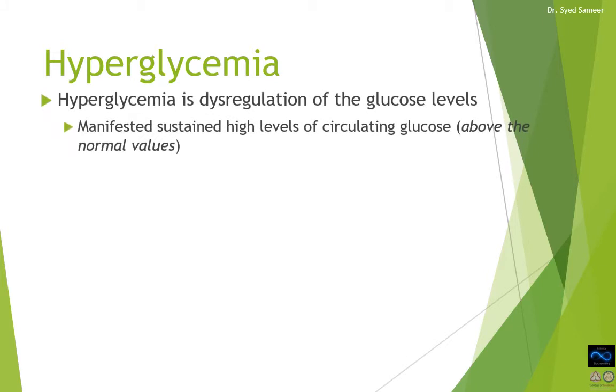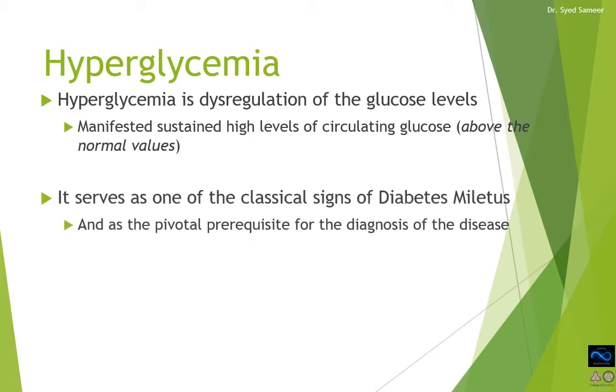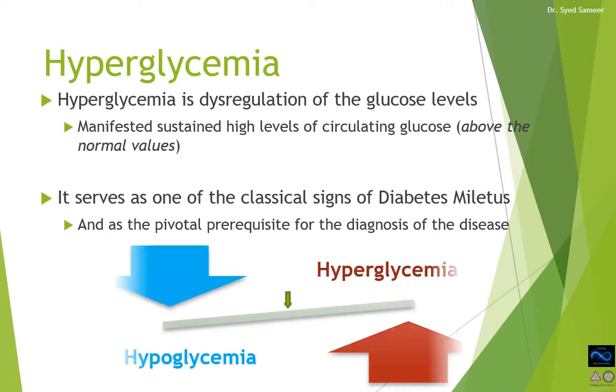Hyperglycemia is actually defined as the dysregulation of the glucose levels above the normal levels in a serum. So it is manifested as the sustained high levels of glucose in a patient. The hyperglycemia serves as the classical sign of the disease known as diabetes mellitus and as a pivotal prerequisite for its diagnosis as well.